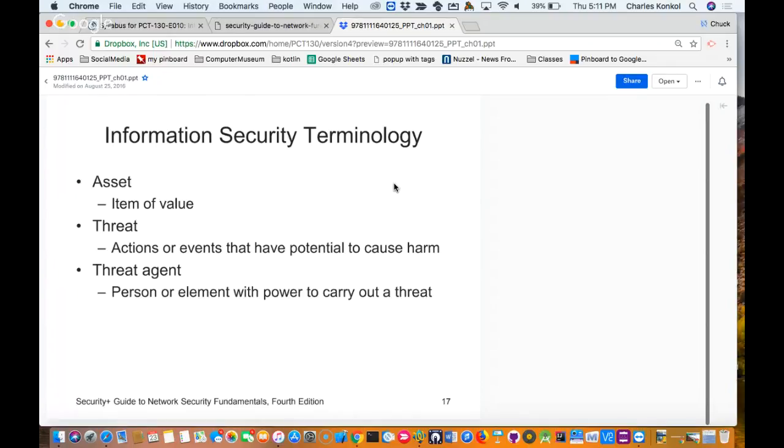In IT, your assets are the same deal, but in a different realm, meaning your servers, your switches, your computers, the data itself on those devices, and people are also an asset for a company. I mean, how many times do you hear in the news where a company isn't found guilty about something, but they pay millions of dollars for something, right?